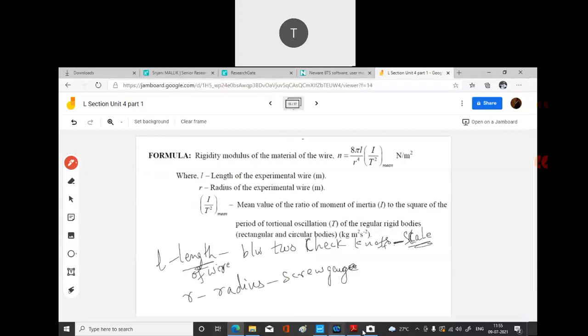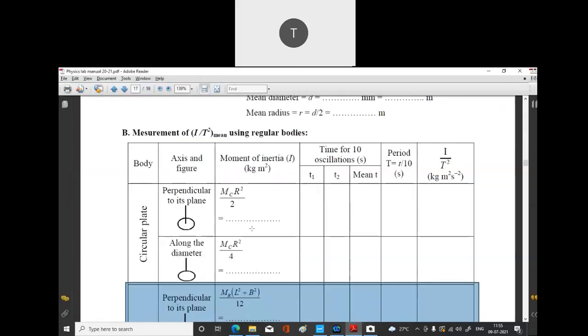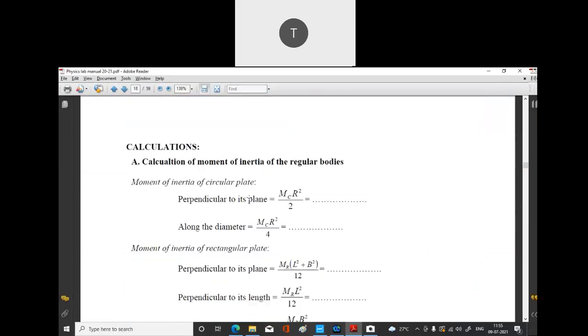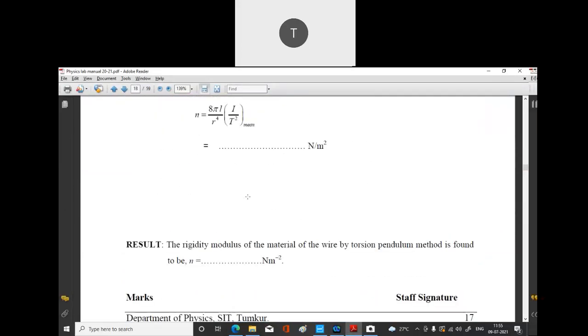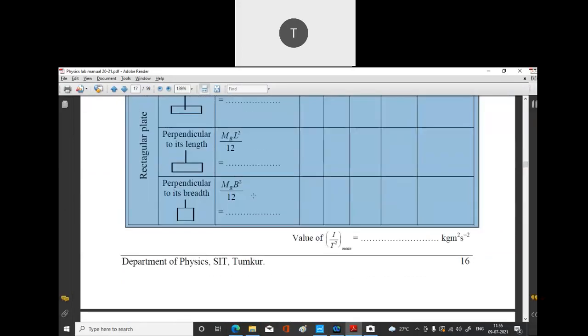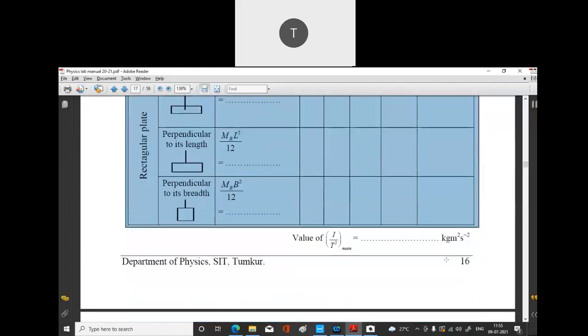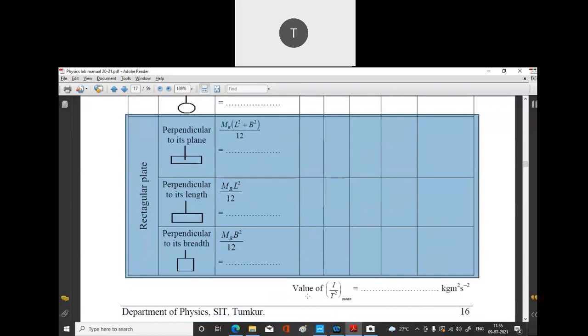I will send you all these values. So we're done with this. The rest is just calculation. You have to find I by t square for each of them, and then take the mean. You have 5 different I by t squares; add all 5 and divide by 5 to get the mean I by t square.